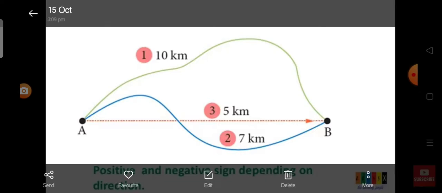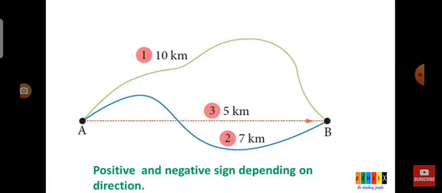So the shortest distance between the two places is 5 km. That is the displacement. The above both, 10 and 7 km, are the distance, but the 5 km is the displacement, that is the shortest distance.